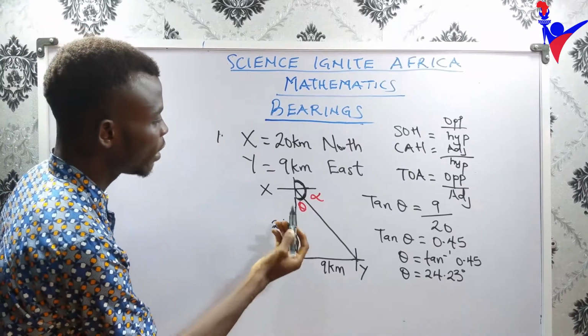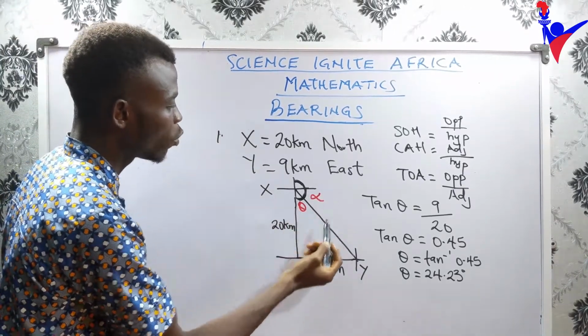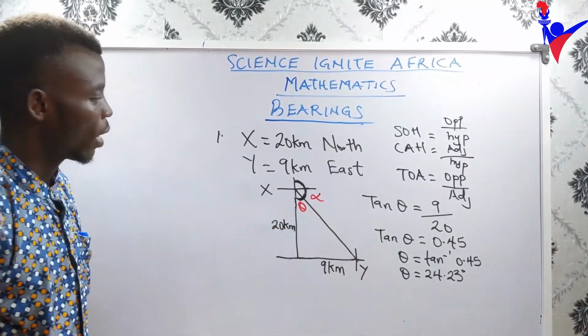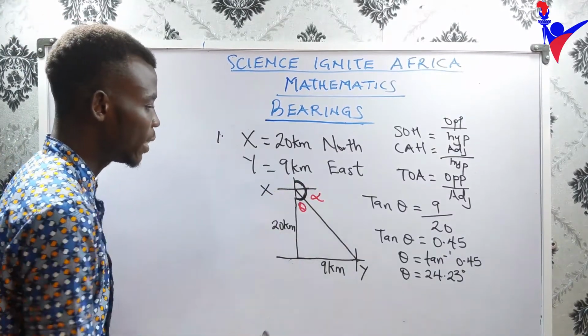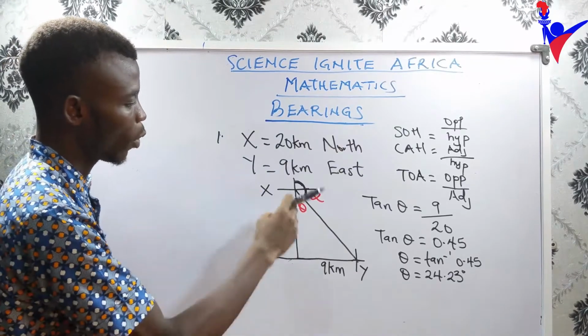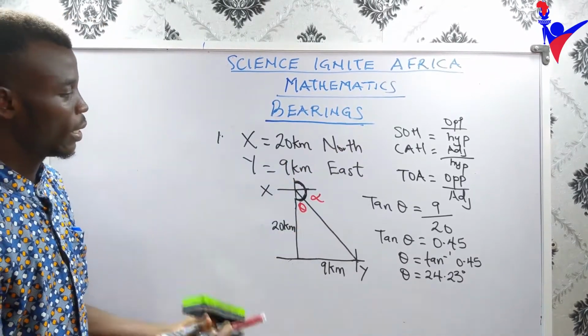So I need to get the value of the outer angle, which is alpha. From here to here is automatically 90 degrees. That means theta plus alpha gives us 90 degrees.